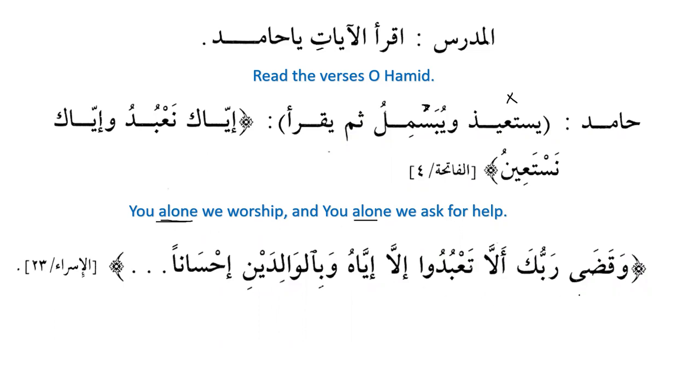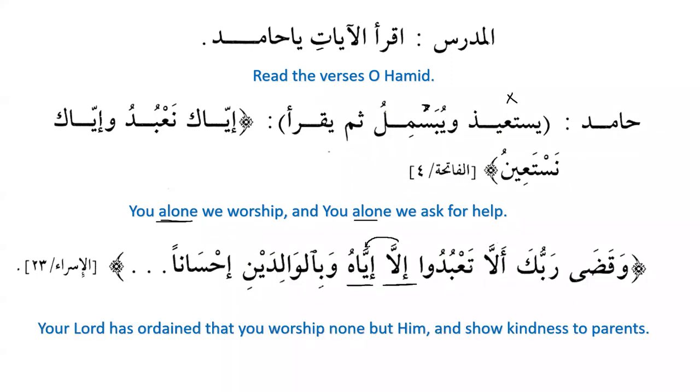Then we have another verse of the Quran: wa qada rabbuka alla ta'budu illa iyyahu wa bil-walidayni ihsana. As we discussed in the beginning of the lesson, iyah generally comes after illa, and also it comes as the object. So now we can see in this verse, your Lord has ordained that you worship none but him and show kindness to your parents.